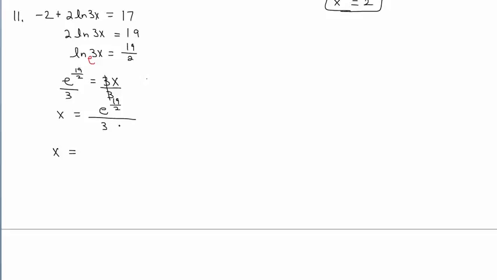Go to your calculator, build your fraction template. In the numerator, e to the 19 divided by 2 power, divide by 3. See, I have that answer somewhere. Oh, it's super large. You might want to double check me on that one. That just seems uncomfortable. 4,453.242.